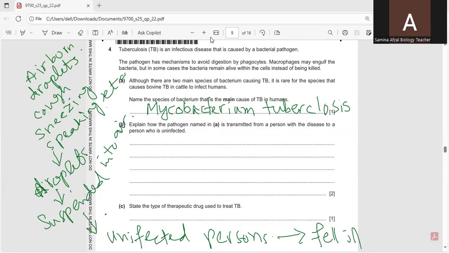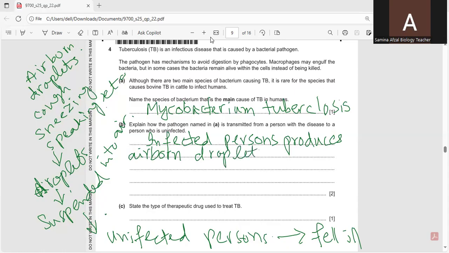I would like to write it in a very short way: the infected person produces airborne droplets containing the bacteria, the pathogen, Mycobacterium.